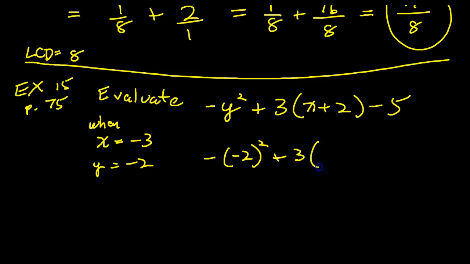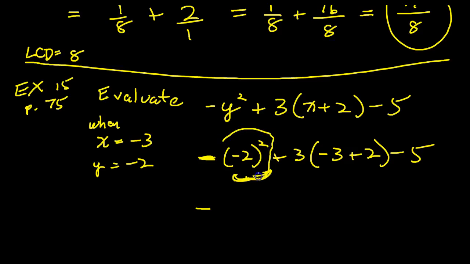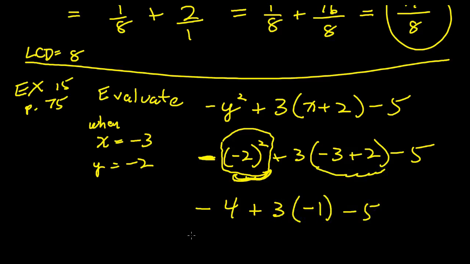So let me rewrite this expression, making those substitutions, and now I'll grind it out according to my order of operations. Well, clearly the exponent operation gets done first, and this negative sign is outside the exponent again. So I'll say minus, well, let's see, minus 2 squared is positive 4. So I'm going to have a negative 4 in the first slot, plus 3 times, I'll do this parentheses operation next, minus 3 plus 2 is negative 1, minus 5.